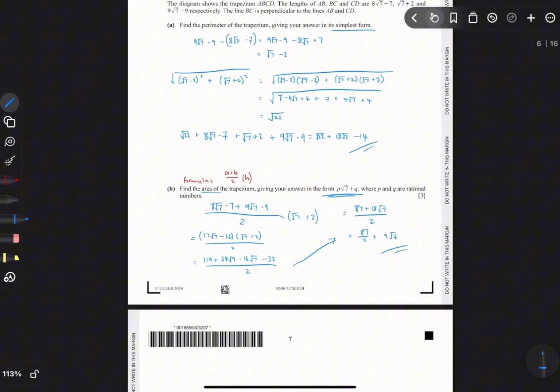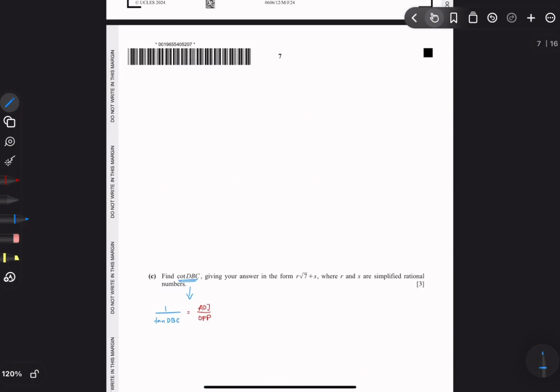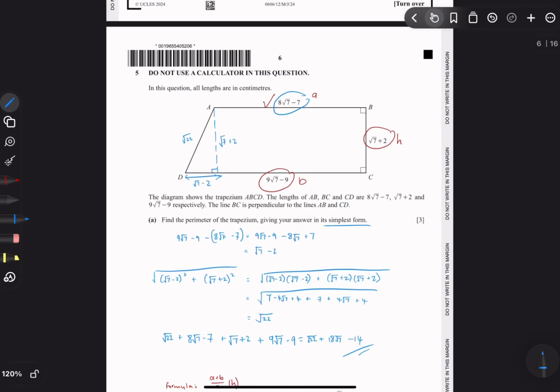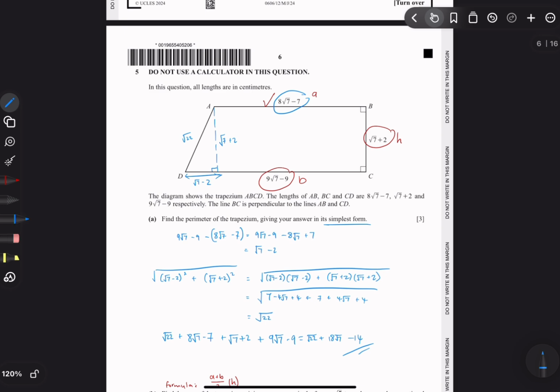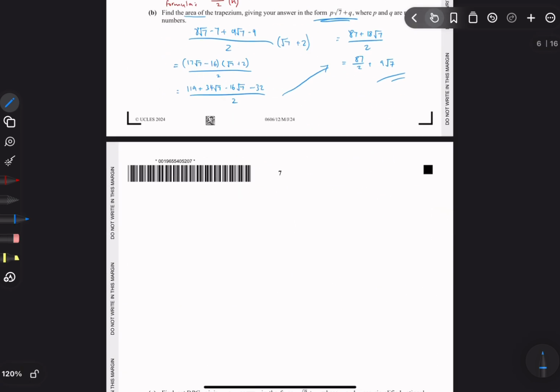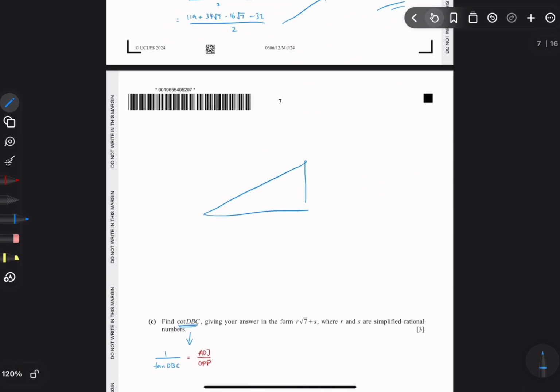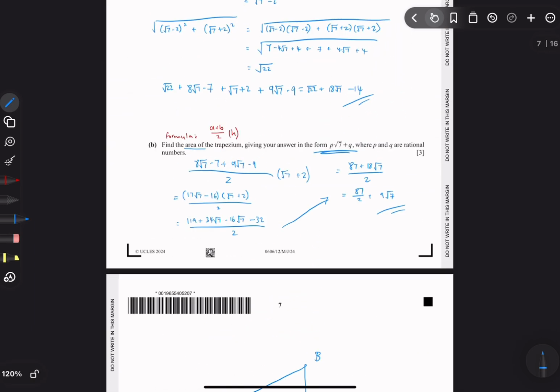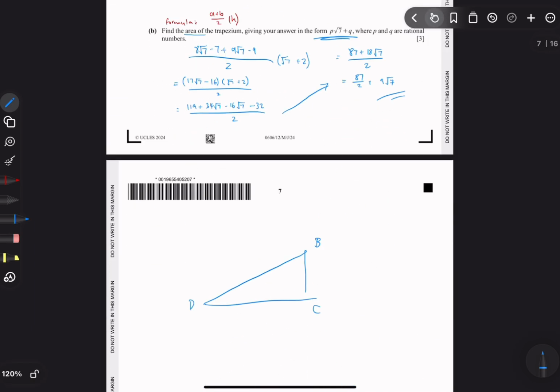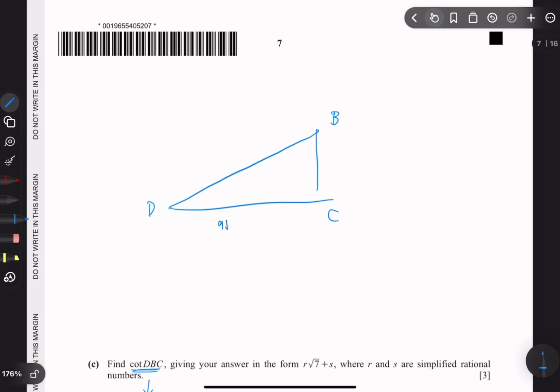And we can actually draw a right angle triangle using the question. So D, B, C. And this part will be 9 root 7 minus 9.